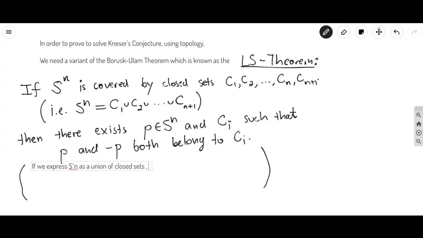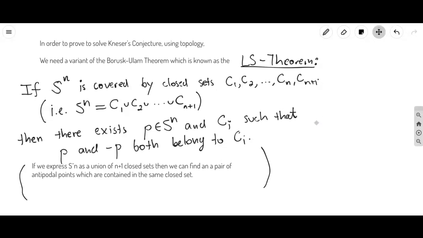But if it's a union of n plus 1 closed subsets, then we can find a pair of antipodal points which are contained in the same closed set. That's what it's saying. So it feels very similar to Borsuk-Ulam. And in fact, you can prove this using Borsuk-Ulam.